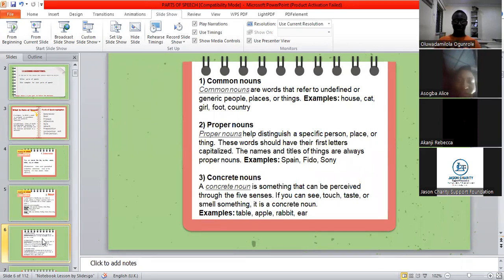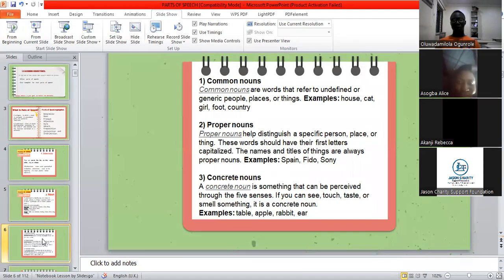When you see a girl, there are some features that will make you know this is a girl. When you look at food, there are some characteristics around it that you can find. And if you just want to talk about countries on a general note, it is a common noun.